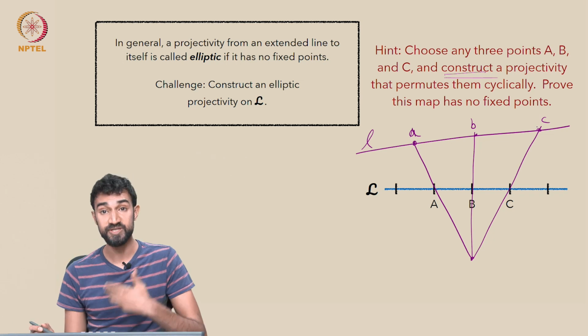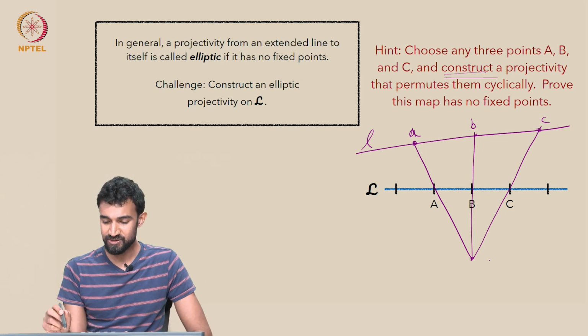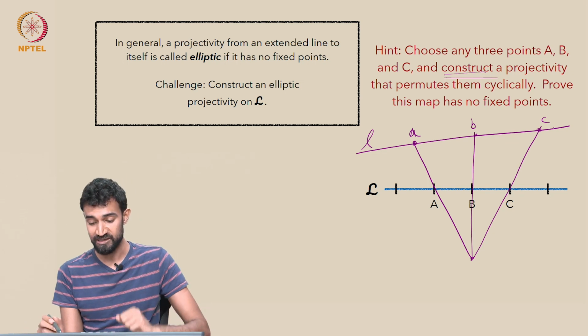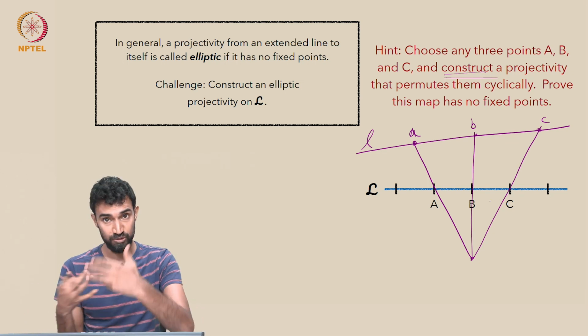And now, using the construction we've already seen, you can map a, b, and c via another projectivity to capital A, capital B, and capital C, but permuting the order.